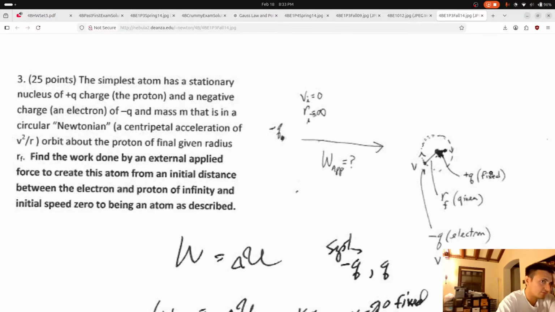Okay, so one thing is I can just figure out the work required to bring minus Q to RF. That I can do. That will be basically the change in potential energy if you took it to be both particles.